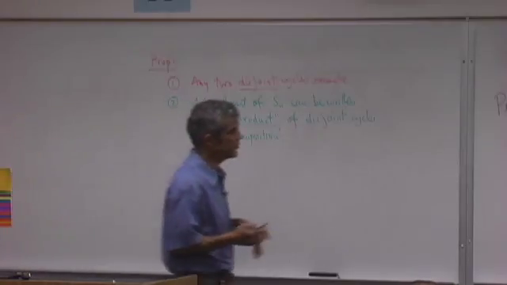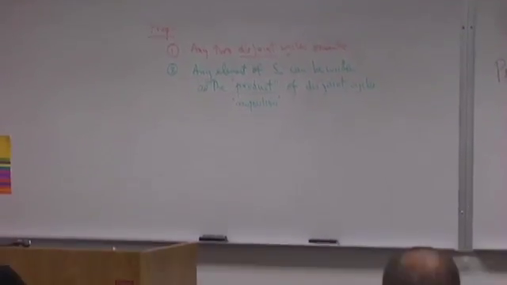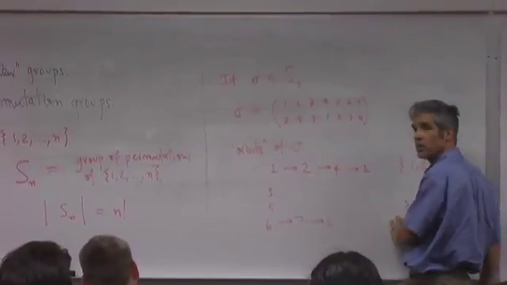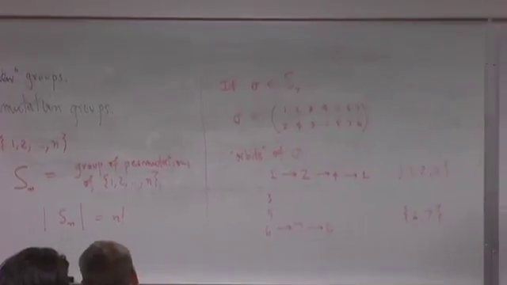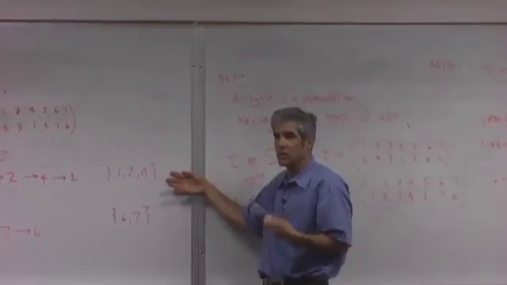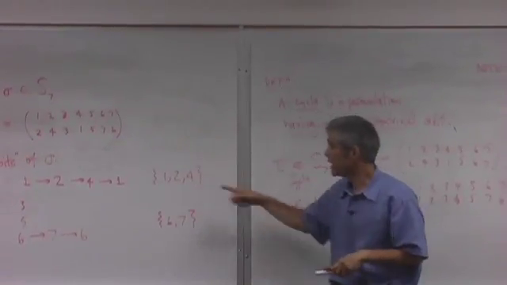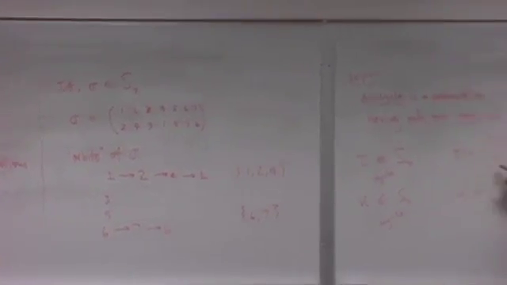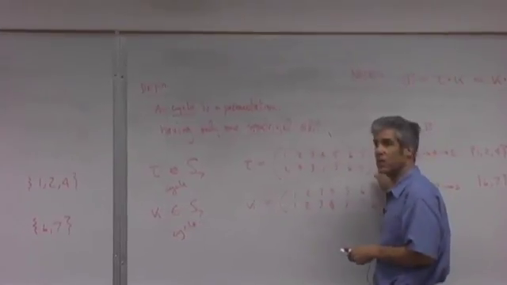All right, I'm going to leave out the proof, but you see exactly how to proceed. If I hand you a permutation, simply tell me what all of its orbits are. For each of the orbits, construct a cycle where all the cycle does is affect the elements in each of the individual orbits. So if I know that I have an orbit in sigma that sends 1 to 2 to 4 and then back to 1, then simply do 1 to 2, 2 to 4, 4 back to 1, and leave everything else constant.